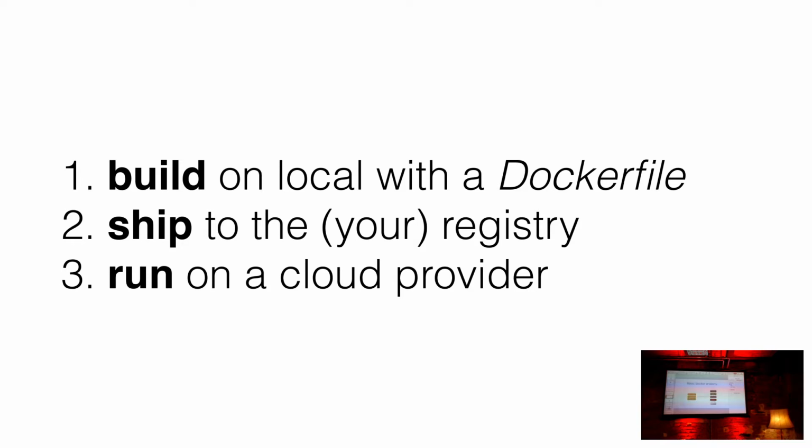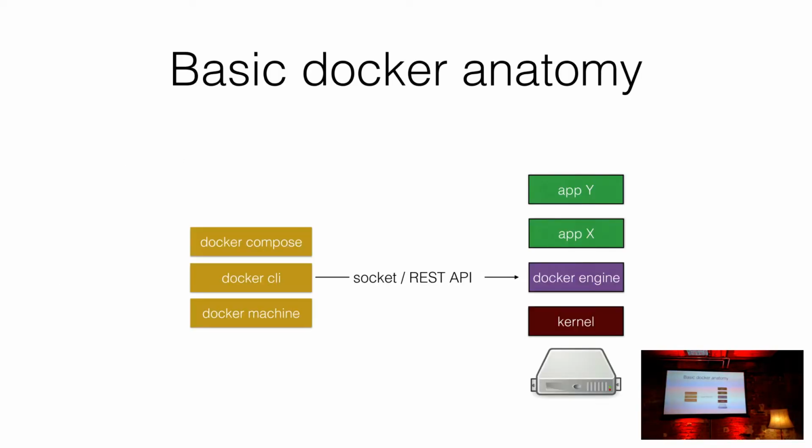How does this work in the background? Like already better explained, the graphics are definitely better, more technical than mine, from the Rocket guys. I will improve my presentation the next time. How does it work? You have a server, you have a kernel, then you have the Docker engine, and there are your applications.